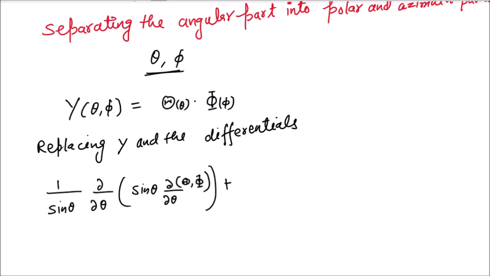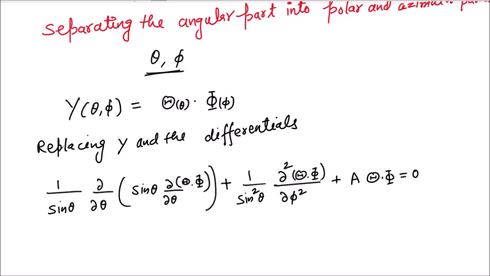Plus 1 upon sine square theta, second partial differential of theta into phi with respect to phi, okay, plus a into theta into phi equal to 0. This was the angular equation. Now we replace Y by theta and phi.